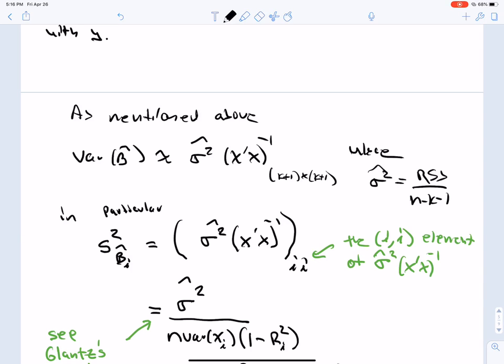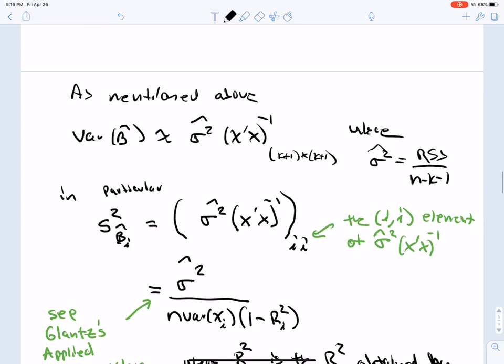So the standard error squared is the ii element of this variance covariance matrix.